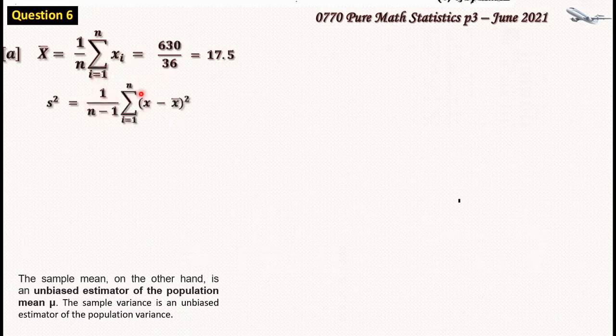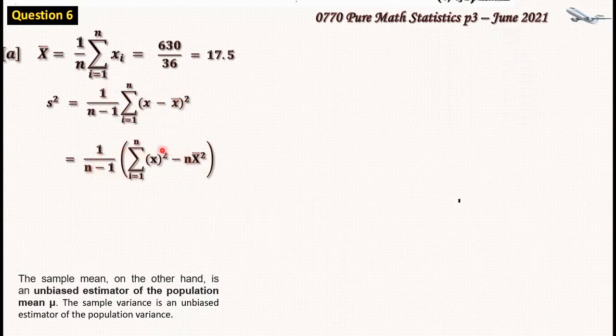While for the sample variance, it will be 1 over n minus 1, this is for the sample, right? 1 over n minus 1 summation of x minus x bar squared. So we put in our values. This will give us 1 over n minus 1 summation x squared minus n x bar squared. So this is another formula. Either you use the first formula if you have the data, depending on how you have the data, or you use the second one.